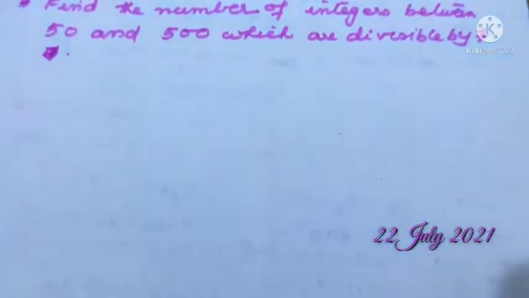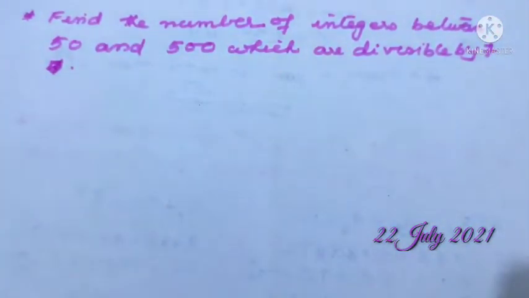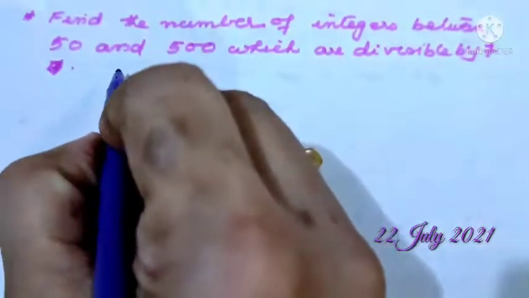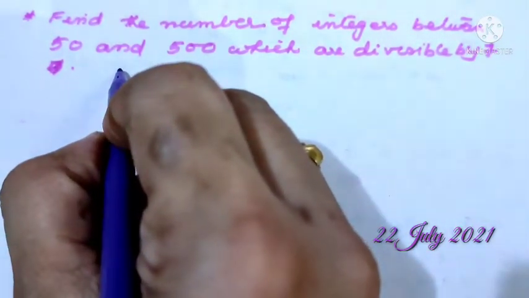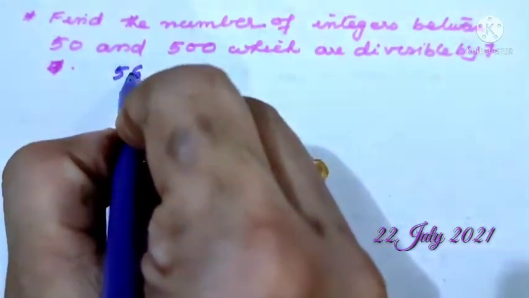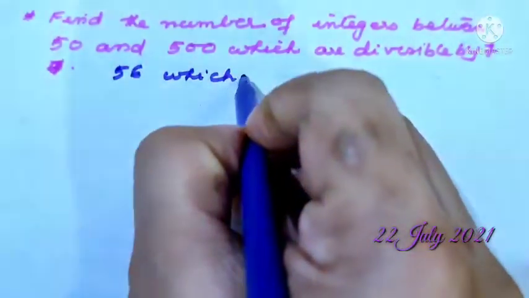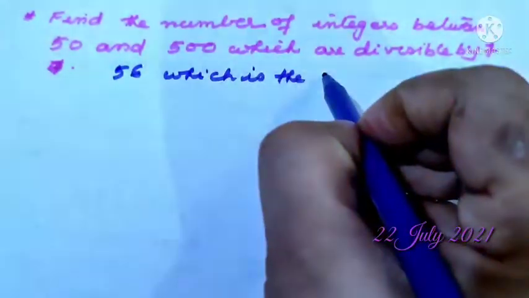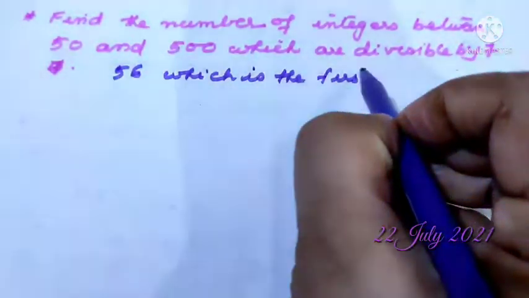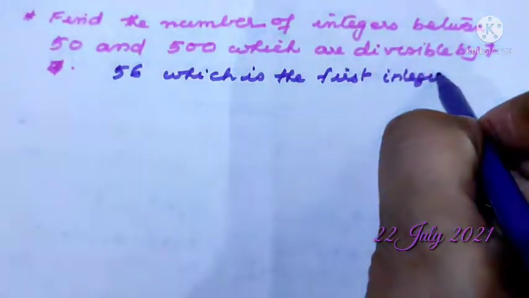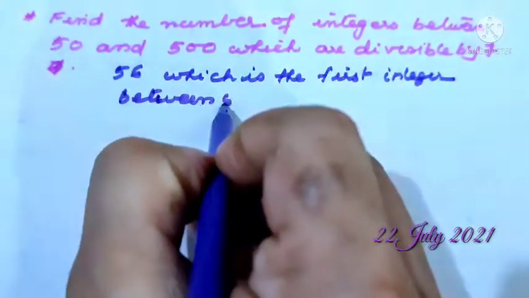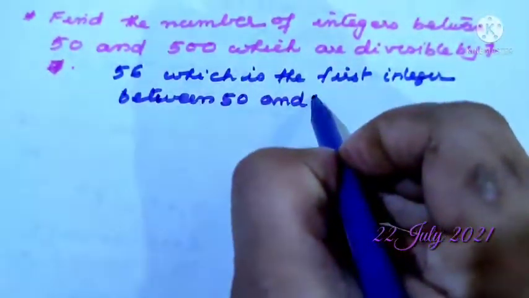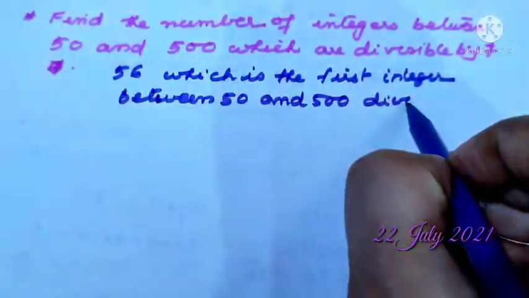Find the number of integers between 50 and 500 which are divisible by 7. So 50 to 500 we have to see that which is divisible by 7. So after 50 we know that 56 is the integer which is divisible by 7, which is the first integer between 50 and 500 divisible by 7.